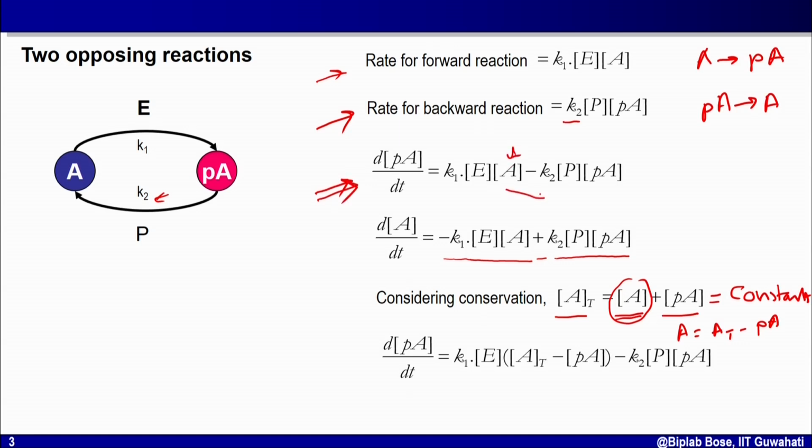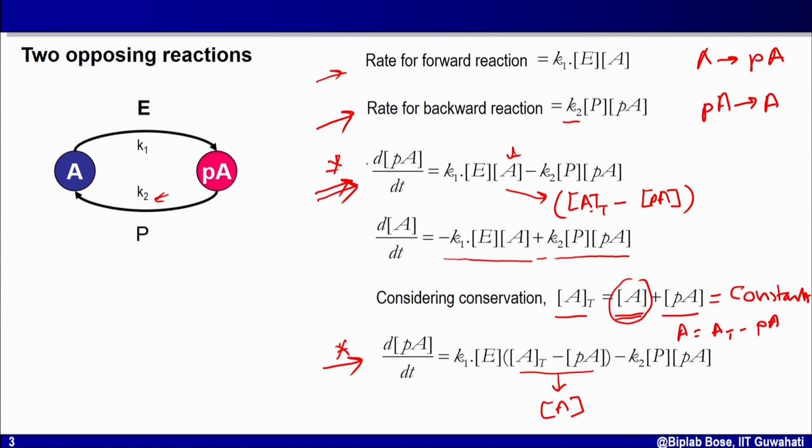I can replace this A term by the concentration of total A minus the concentration of phosphorylated A. Then I get this ODE: dPA/dt is equal to K1 into E, the concentration of the enzyme, into AT minus PA, that is actually nothing but free A, minus K2 into P into PA. I am getting this ODE from this one.